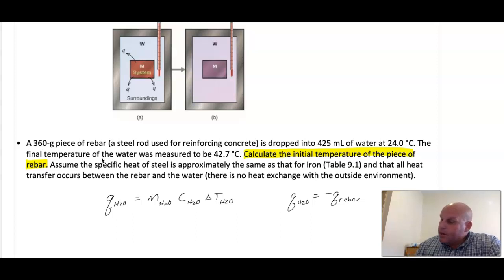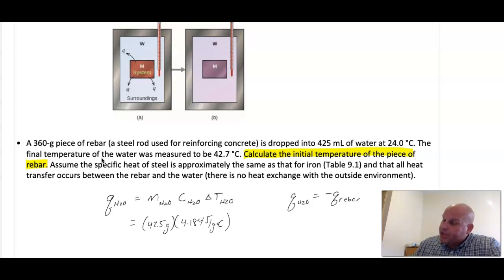All right. So as I take a look here and I can plug in my values, I can see that I have 425 milliliters of water. Since the density of water is 1.0, that means I have 425 grams of water. We remember this, the specific heat for water is 4.184 joules per gram degrees Celsius.